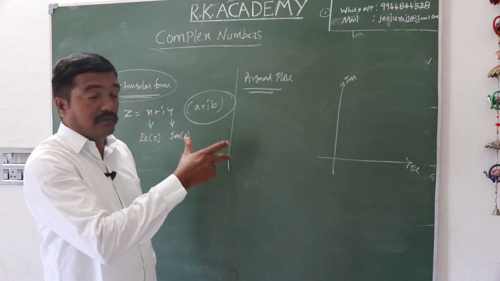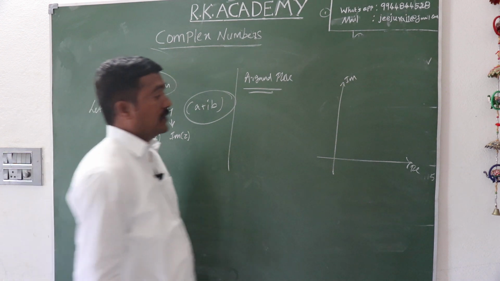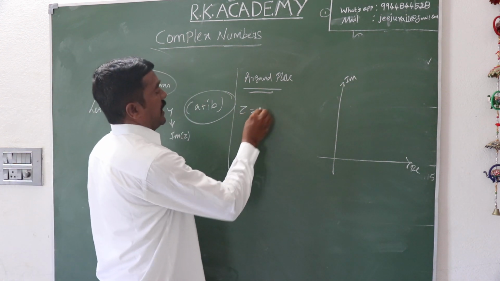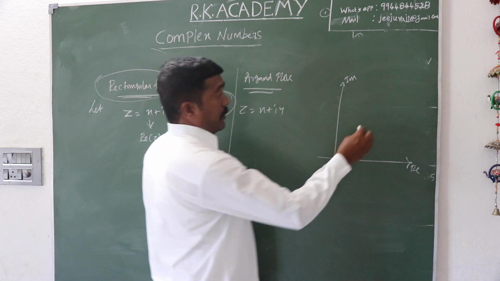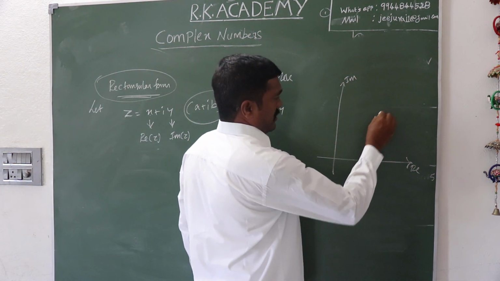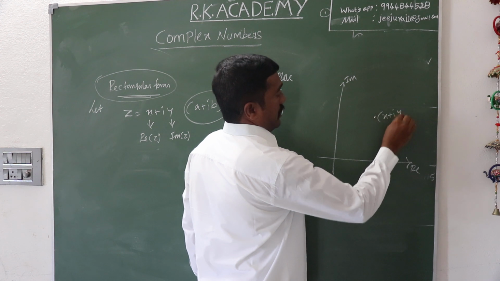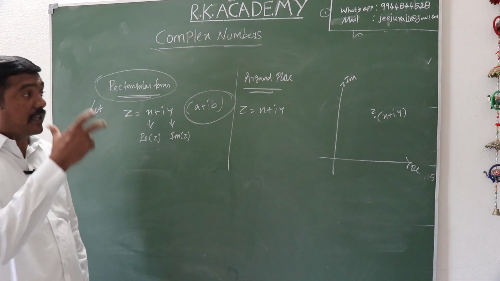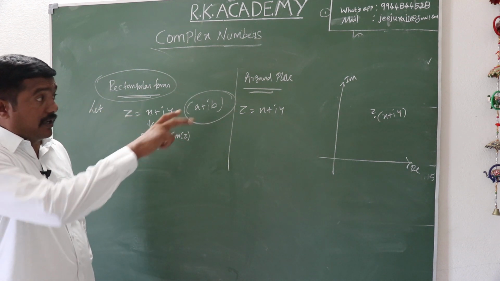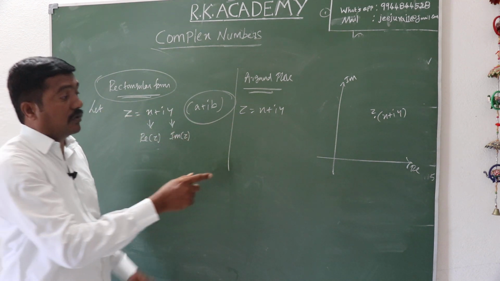So that is called the Argand plane. Suppose z is equal to x plus iy. It's a complex number, a point somewhere, that is z. What is that? x plus iy. We are writing it in the Argand plane. So now listen.